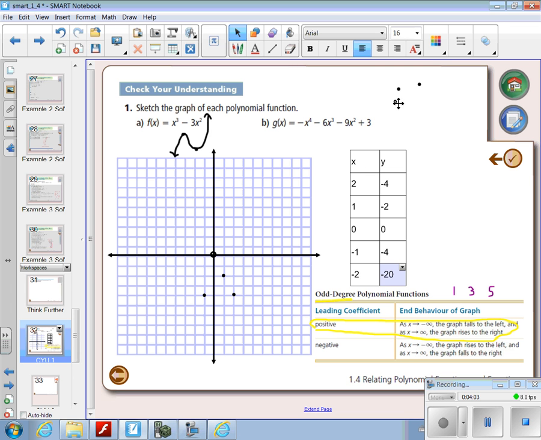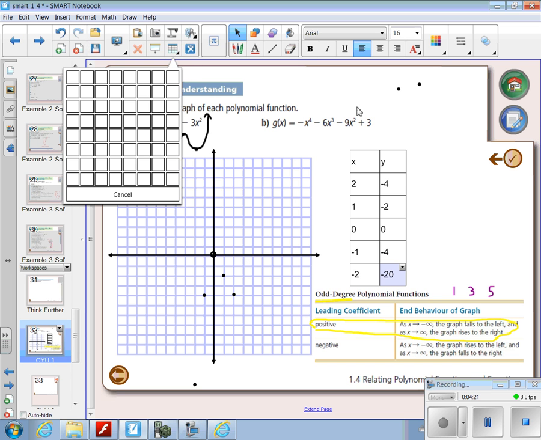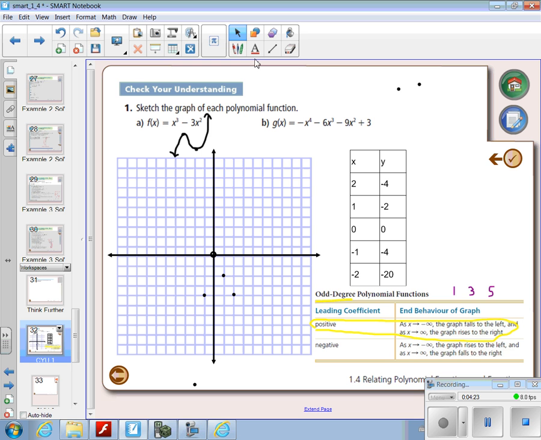And negative 2, negative 20. That'll fall off my page a bit, but that's okay. I'll go to negative 2 and then way down here somewhere, negative 20. I have a decent sense of what this graph's going to look like. I have it falling to the left, but I don't have anything rising to the right.